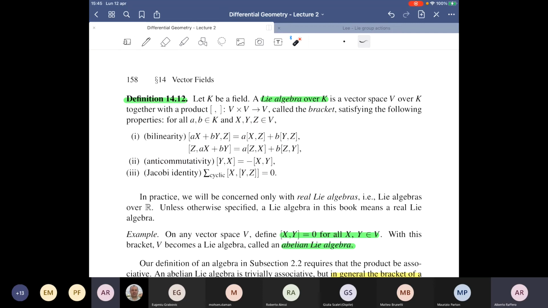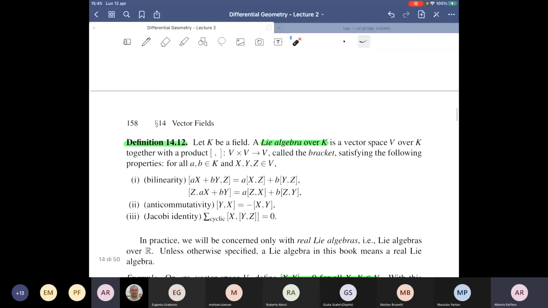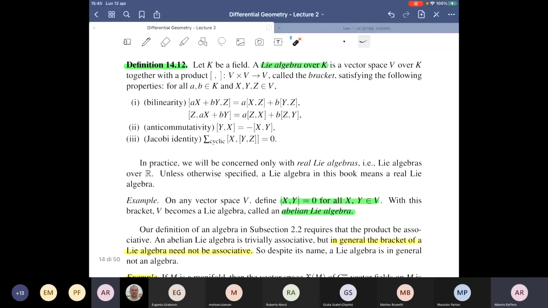And in particular, what we said before is that the set of all vector fields on the manifold together with this bracket operation is a Lie algebra. And so the first example of a Lie algebra, in our case over the real numbers, is the set of all smooth vector fields on the manifold with the bracket we just defined.